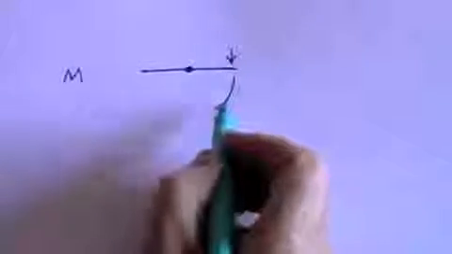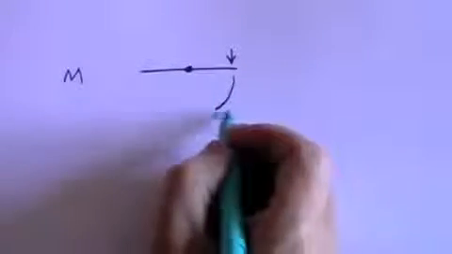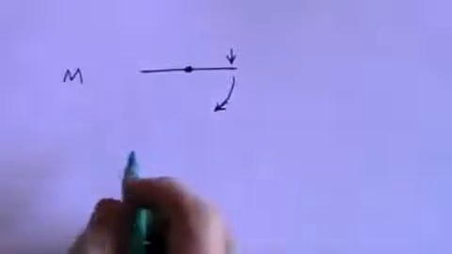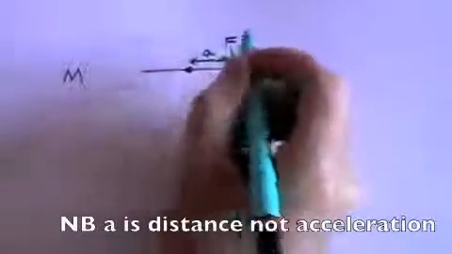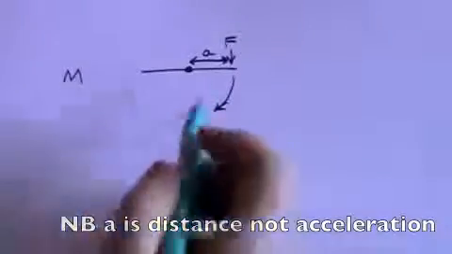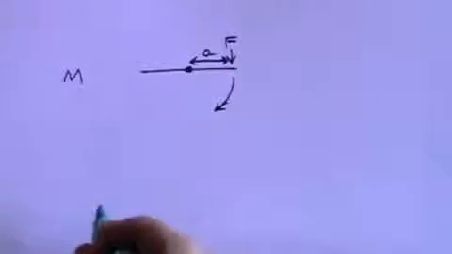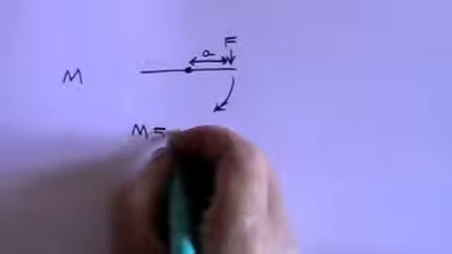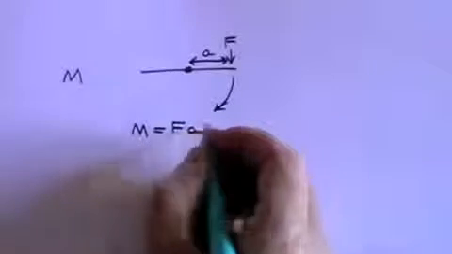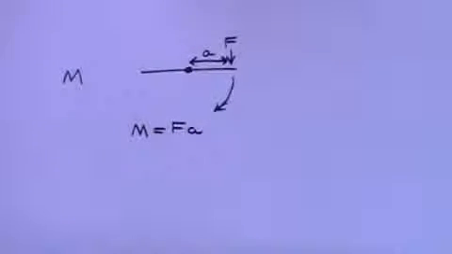That will spin around this pivotal point here. And the moment of the force is the force multiplied by the distance, which we'll call A, from the, as it were, turning point to the point at which the force is applied. So the moment of the force is the force times the distance.